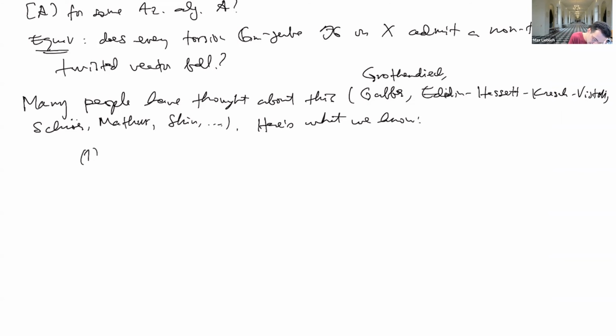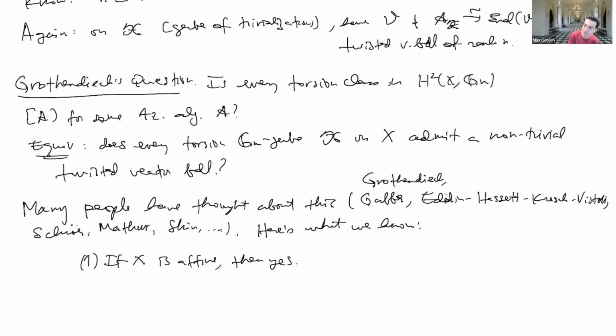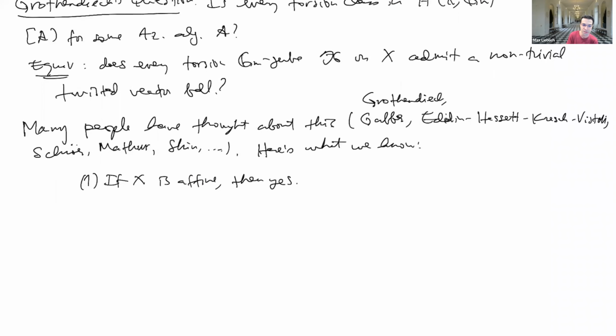So the first is, if X is affine, then yes. When I say yes or no, or not necessarily, I mean the answer to this question. Does that make sense? So if it's affine, we know that every torsion class comes from one of these. Similarly, if it's a separated union of two affines, okay, this is Gabber's thesis.